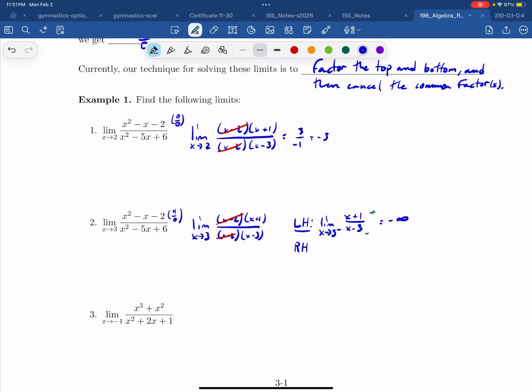For the right-hand limit, we do the same thing, and we get a positive top and a positive bottom, so we get infinity. So our limit does not exist. That's the end of that.